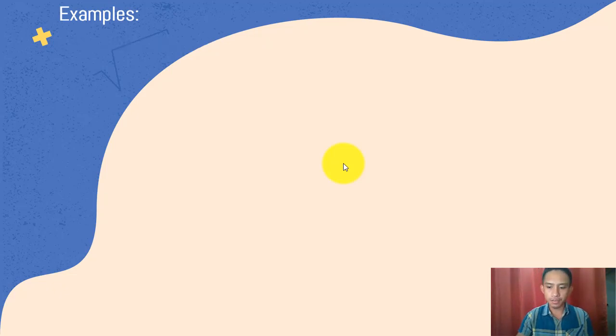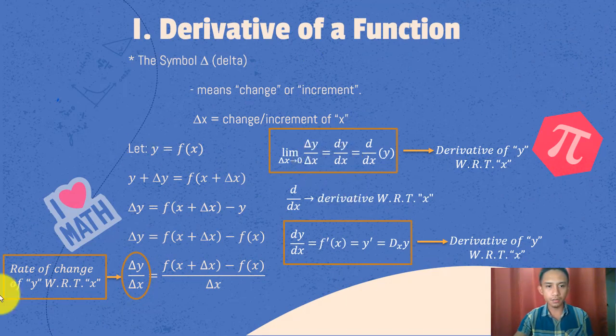Actually, it is already presented here in the previous slide. We call this actually the four-step differentiation. Why four-step? Because you will add a change in your equation, and then I will transfer y on the other side.